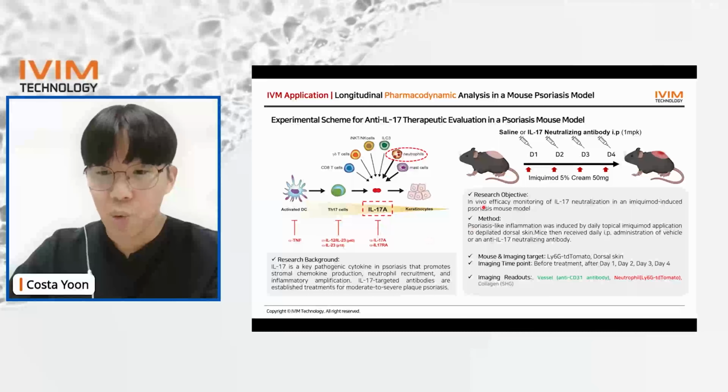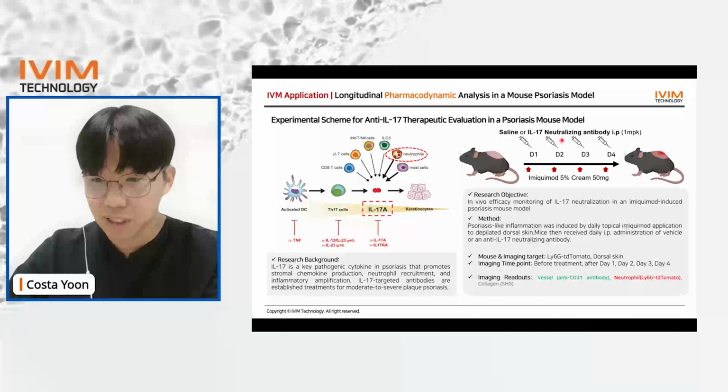So in this study, we evaluate the therapeutic effects of IL-17 neutralization over time in a psoriasis mouse model. The psoriasis model was induced by applying imiquimod cream once daily for 4 days.